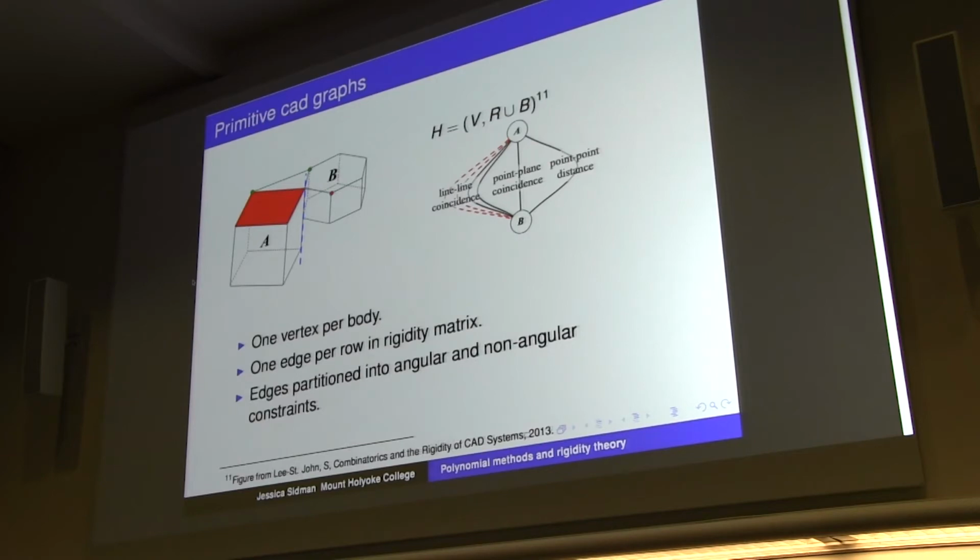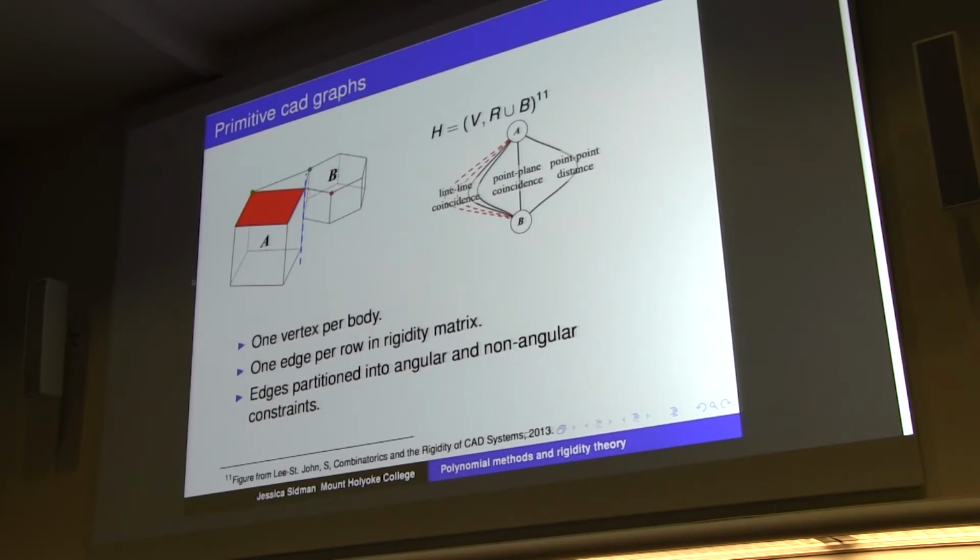So what combinatorial object do we associate with something like this? They called it a primitive CAD graph. It's a graph that has 1 vertex per body and 1 edge for each row in the rigidity matrix. So that first line-line coincidence is getting 4 rows. 2 of them are special, and they're dashed in red, because they correspond to just angular constraints.